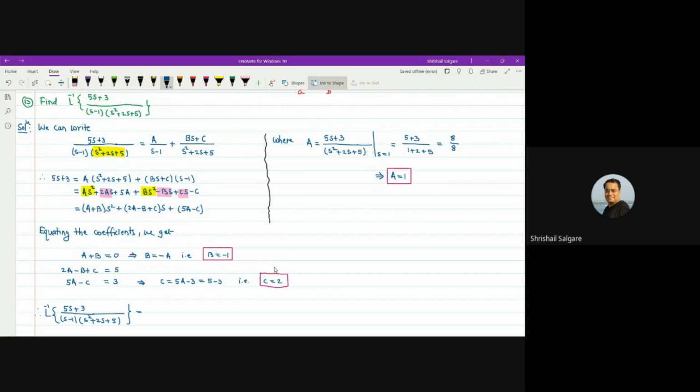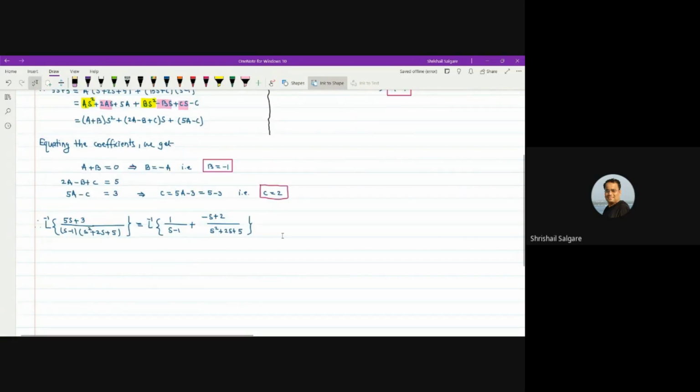Simultaneously I will use the linearity property, which is given as L inverse of 1 upon s minus 1 plus, second term, I will substitute the value of b as minus s plus 2 divided by s square plus 2s plus 5. Is it okay?